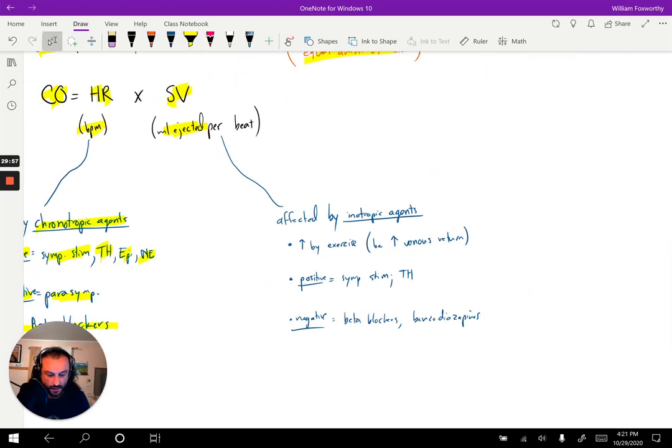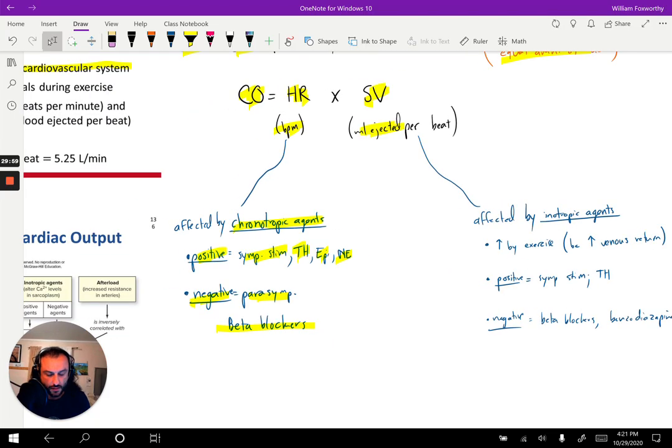Chronos, or chrono means time, and so chronotropic is affecting the timing or the heart rate.